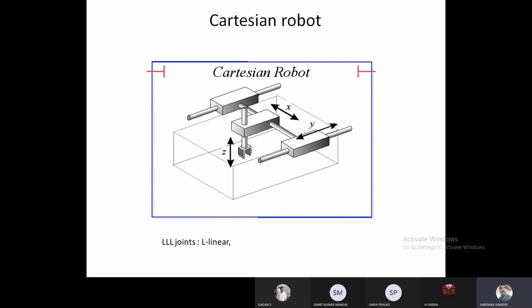All the x, y, and z movements will be linear, so the coordinates of this robot will be represented by x, y, z only. It is also called an LLL robot, or simply a 3L robot, because linear movements will be there along the x, along the y, and along the z.